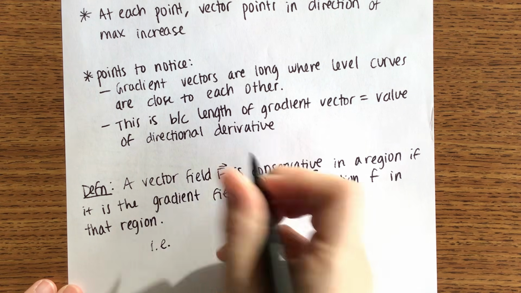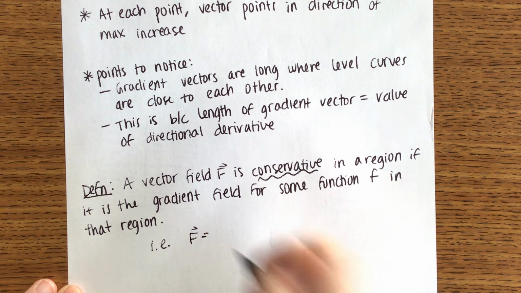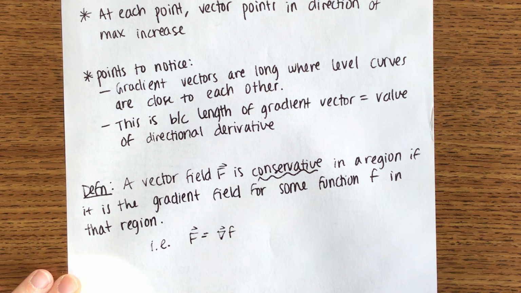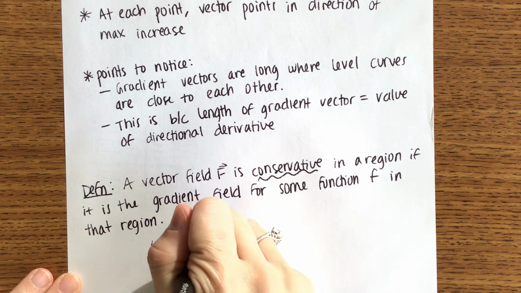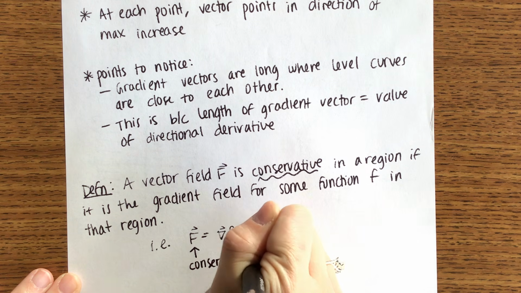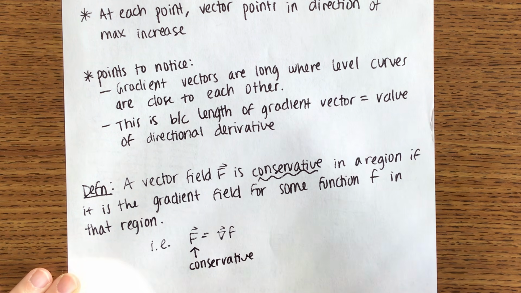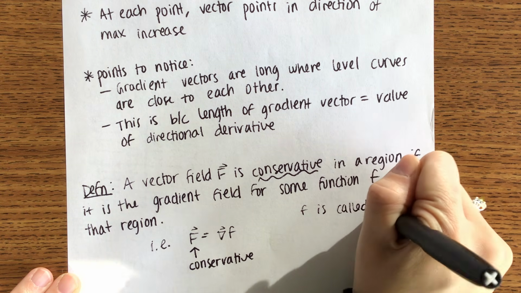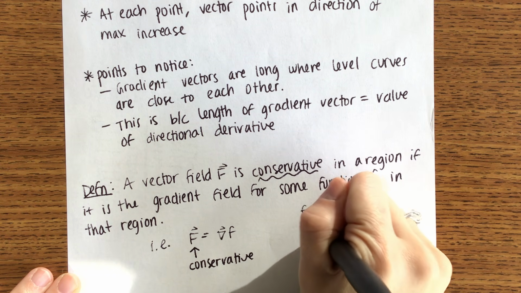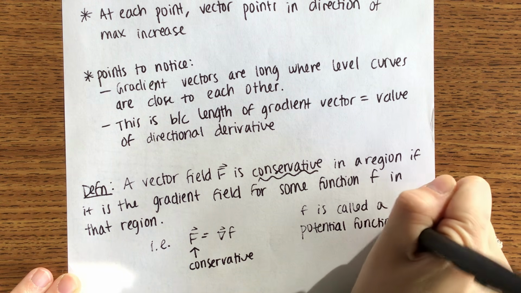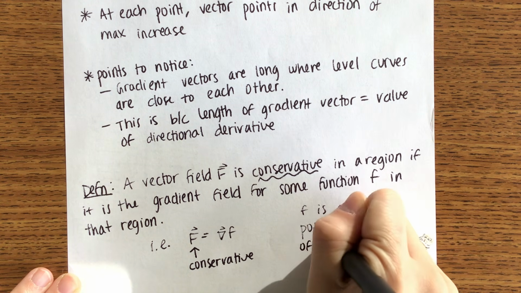Okay, so here's what that's saying. If our big F is the gradient of some function, then we say that big F is conservative. That little f is called a potential function of big F.